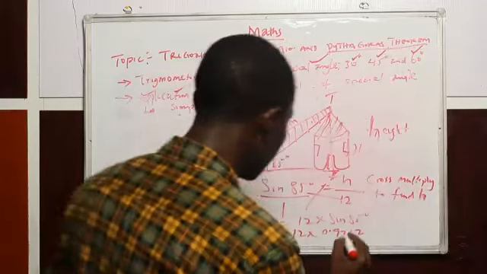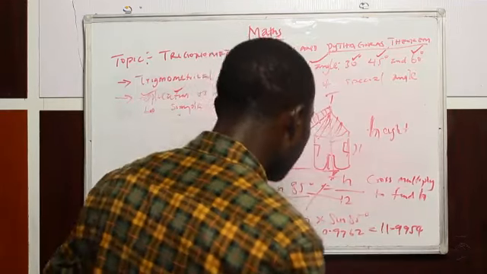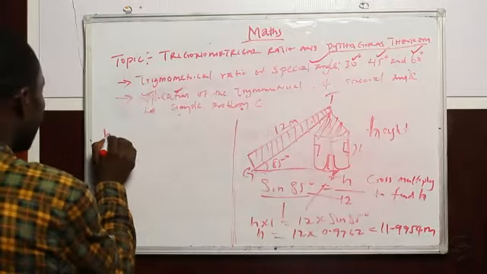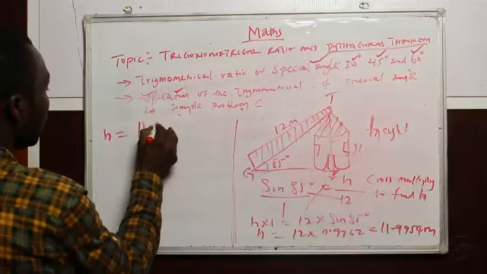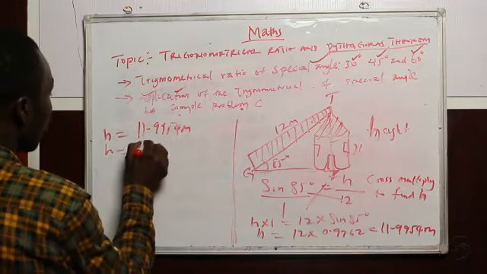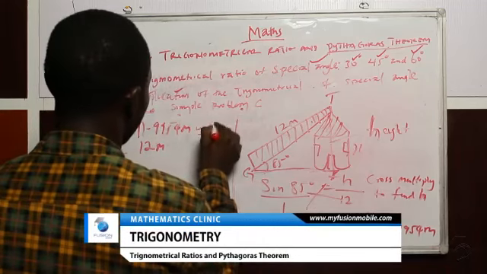Height h is 11.9544 meters. Height h is equal to 11.9544 meters, approximately 12 meters.